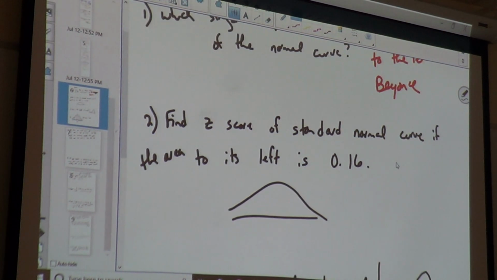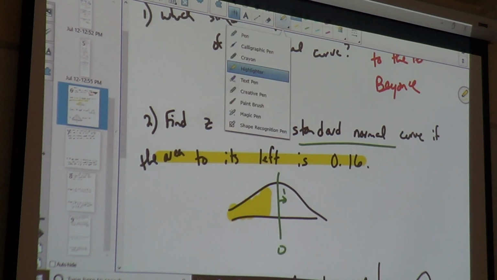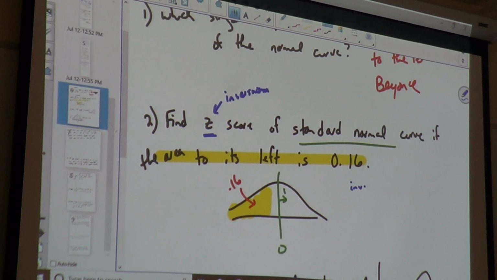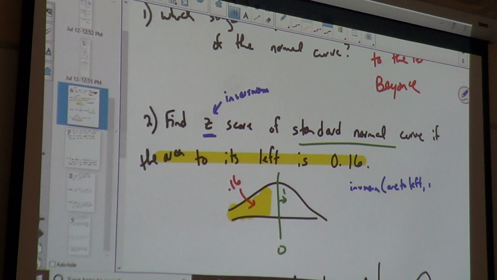If it's a standard normal curve, what is my mean and my standard deviation? 0 and 1. They're telling me that the area to the left is 0.16. So because we are finding z-score, that is screaming inverse norm. So inverse norm is when we do area to the left, comma, mean, comma, standard deviation.